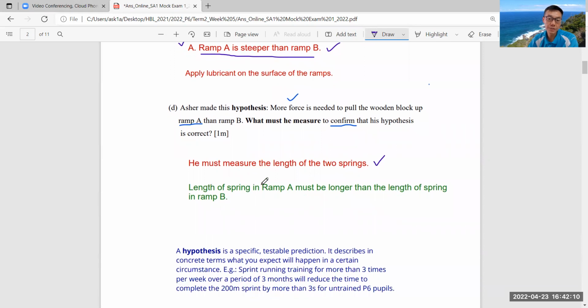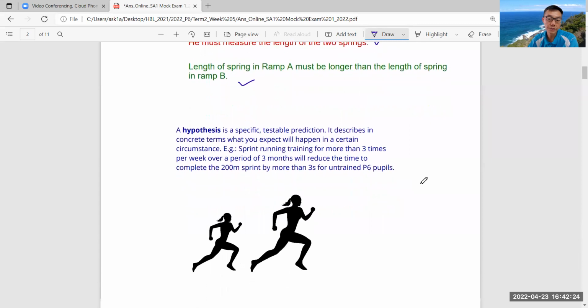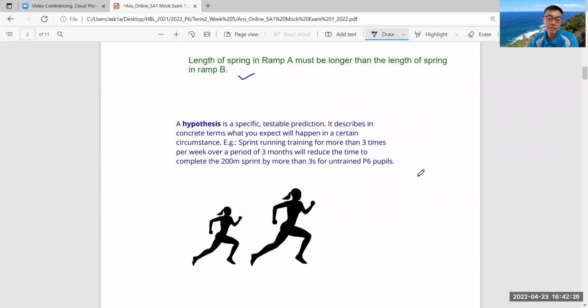The length of spring in ramp A must be longer than the length of spring in ramp B. Or you can say the extension of the spring in ramp A must be longer than the extension of the spring in ramp B. This is one hypothesis which I put here. You can look through. So a hypothesis is a prediction of the result.